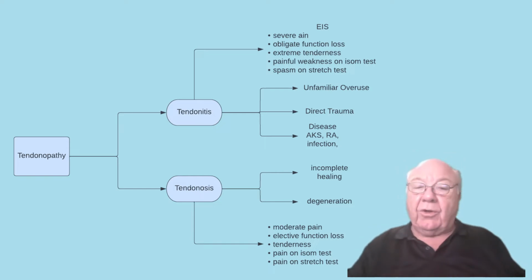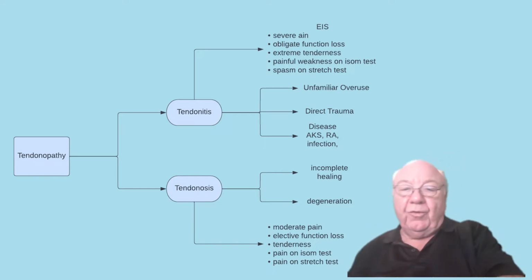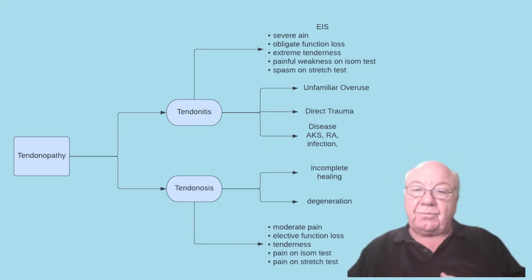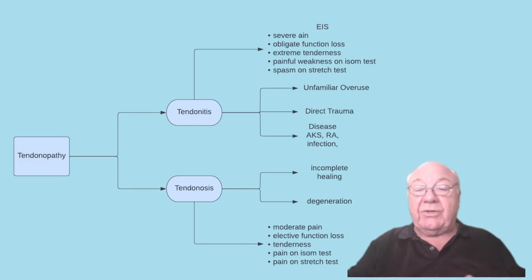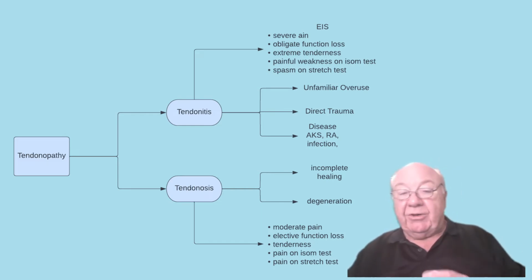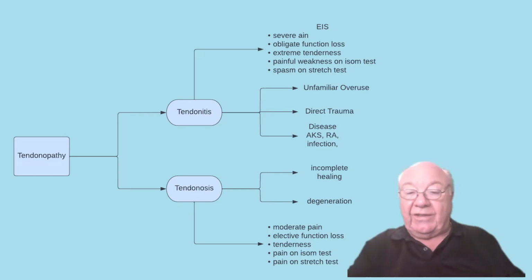And that also goes along with external overuse, where the patient doesn't have a history of severe unfamiliar overuse, but they're doing their job the same as they've always done. They may have been away for a while and come back to it. But generally speaking, there's a good reason for a tendinitis and not a terribly good reason for a tendinosis.